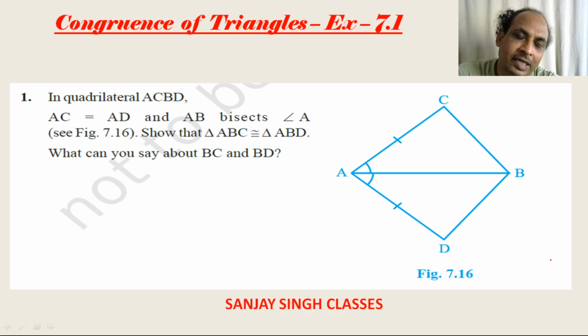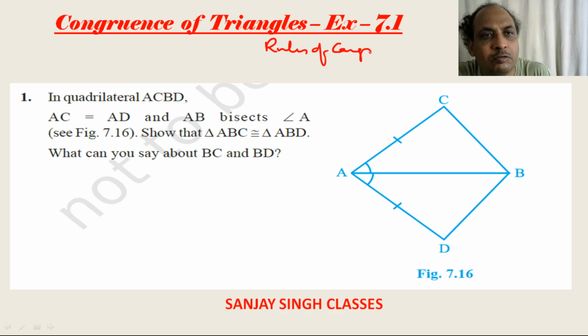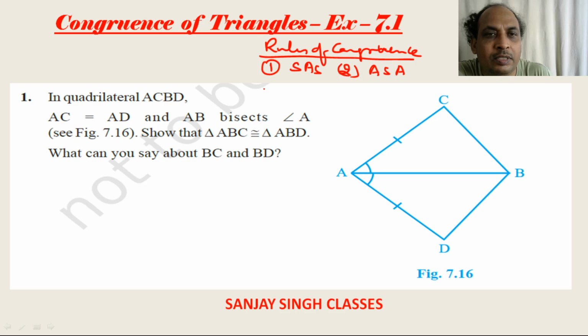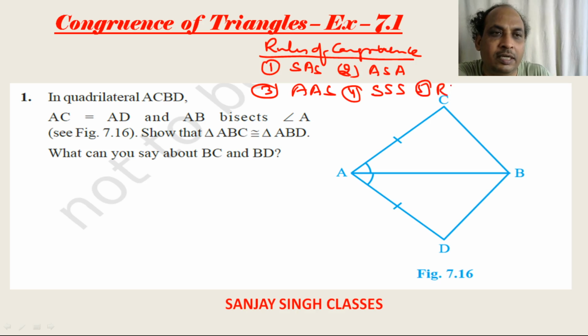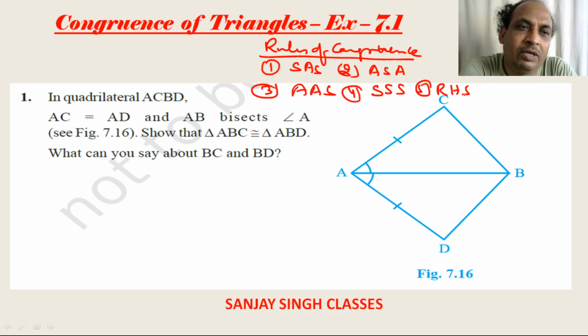So question number 1 in exercise 7.1 we are going to use, and immediately a quick review: the rules of congruence we have studied are the SAS rule, the ASA rule, the AAS rule, then the SSS rule, and the RHS rule. These are the 5 rules we are going to utilize.